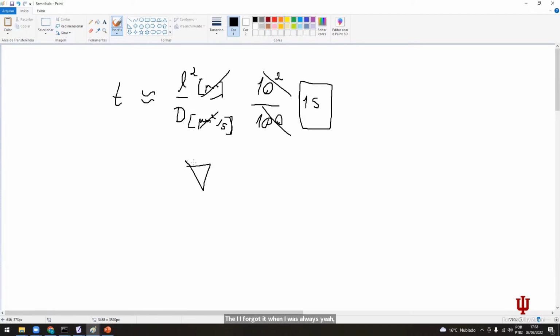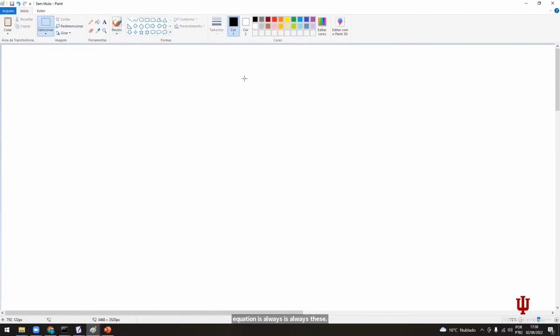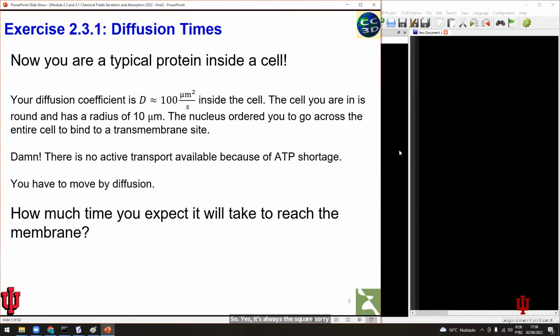Yes, because the diffusion equation is always this. So yes, it's always the square. Sorry, I was tripping. No, it's not assuming 2D. James is correct, of course. It's always squared. Yes. So you would need a different equation for it to be cubed. So it's not cubed, it's squared.